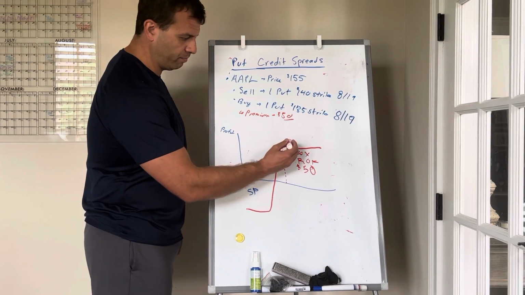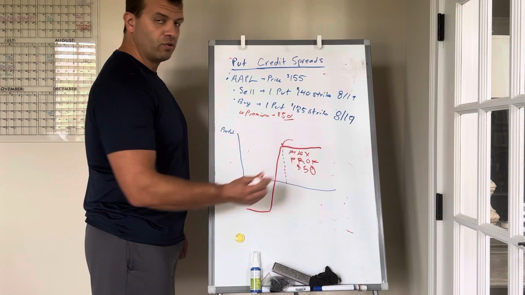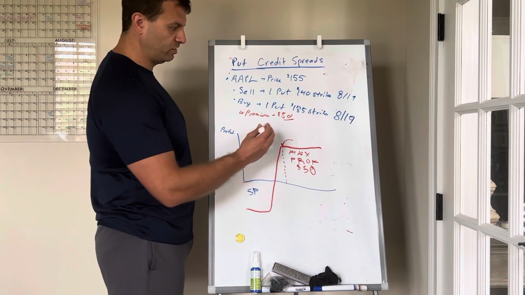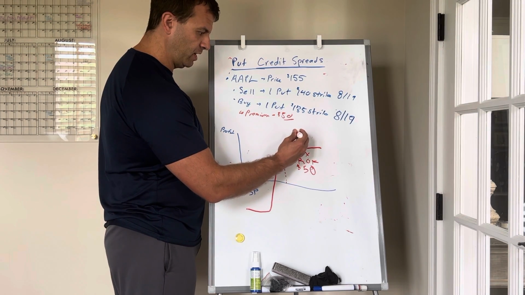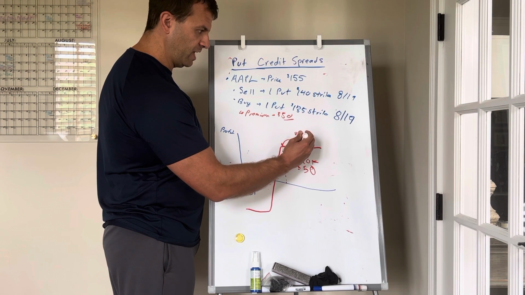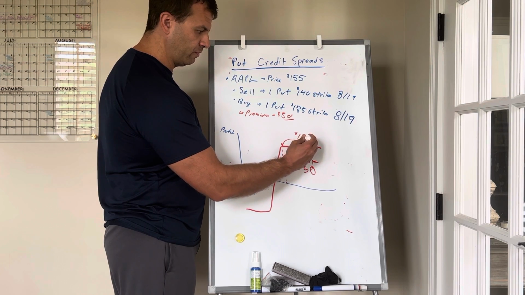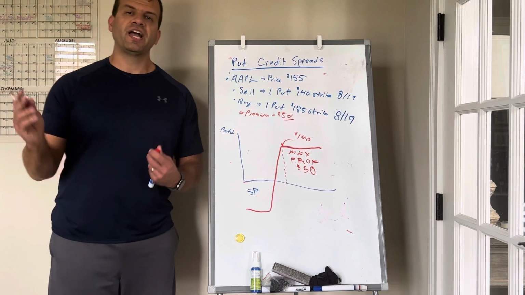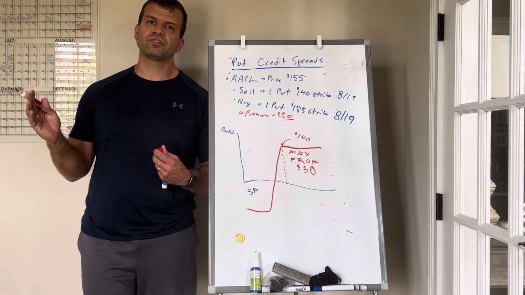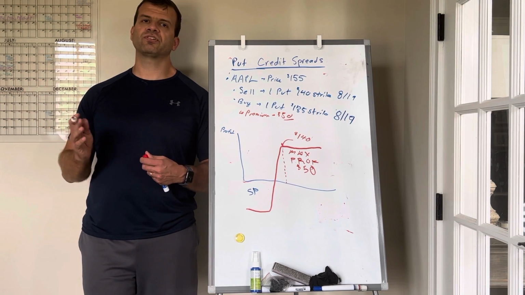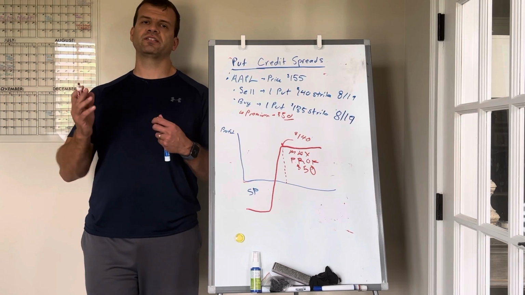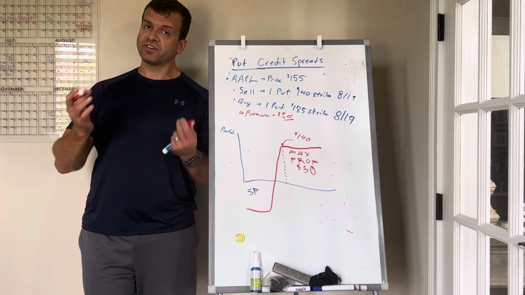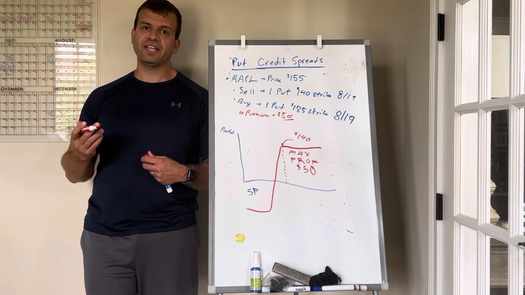Now, at what point would you start to reduce your profit? Well, at that point, it will be at the 140 strike. Because at that point, as price starts dropping, you will start to lose money on the trade. Remember, you have a cushion because you got $50 to take it.